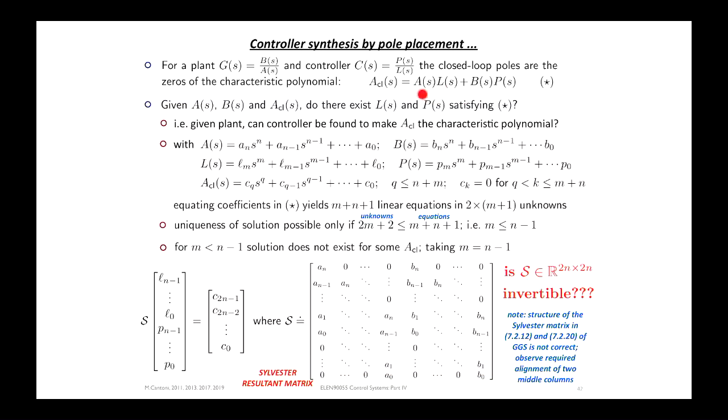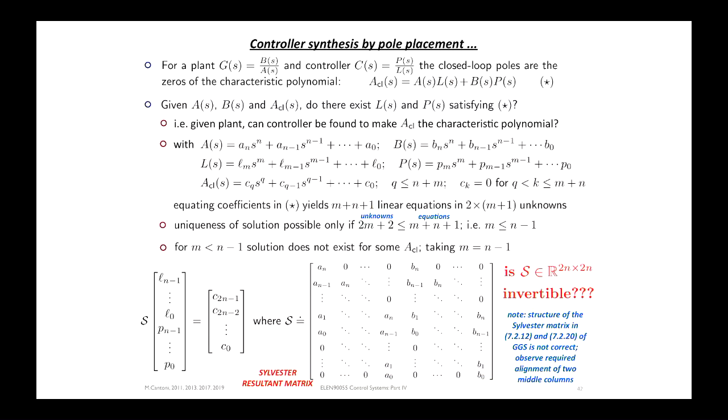well, taking the product here, we'll end up with the degree m plus n polynomial. So to describe a degree m plus n polynomial, we need m plus n plus 1 coefficients, right? And we're going to get one equation by matching each coefficient to a corresponding term on the right-hand side here.